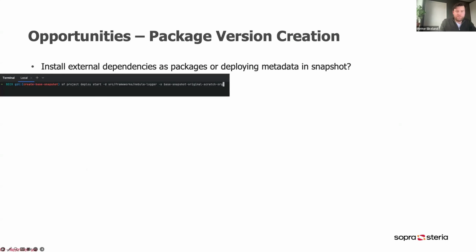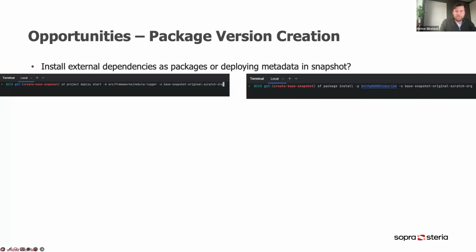We don't specify those as package version dependencies, but we have the metadata in our repository. So I was messing around with what happens if, when I create the Scratch Org base for that snapshot, I install a package versus deploying the metadata.